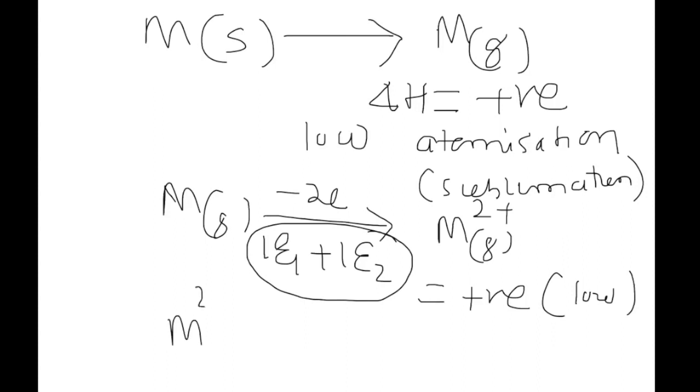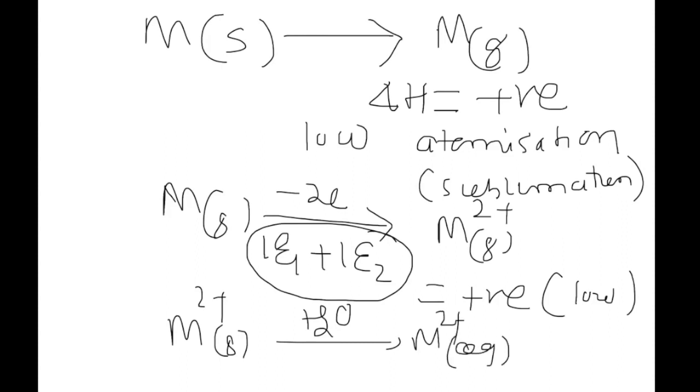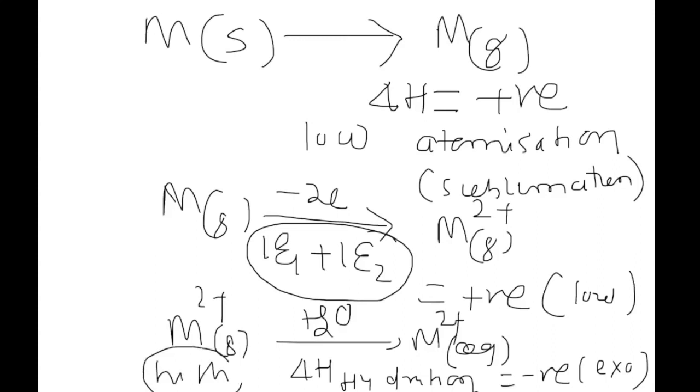Then metal gas form in aqueous medium undergoes hydration, converting to metal aqueous form, and the amount of energy released is called heat of hydration. The heat of hydration is always negative value or exothermic value. As it is exothermic, the heat of hydration should be high.